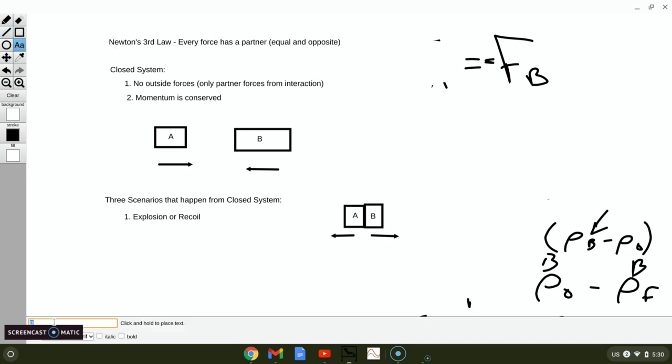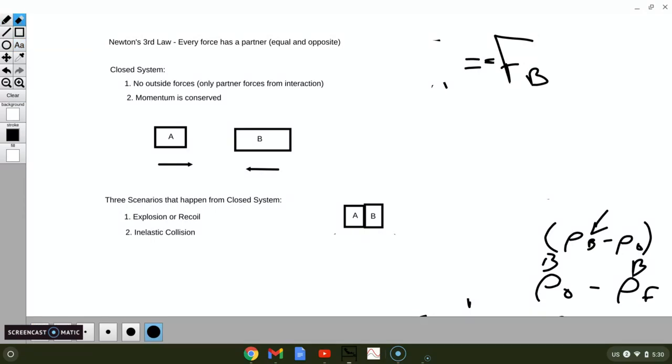Scenario two that's going to happen is the inelastic collision. Now, inelastic really means that kinetic energy is not conserved. For our purposes in momentum here, and we'll discuss that definition later, it is something like this, where you have object A, you have object B, right?